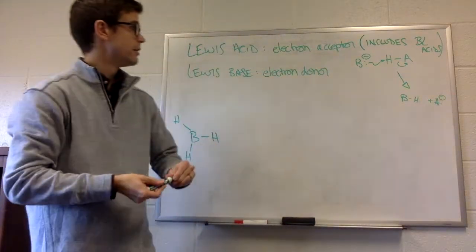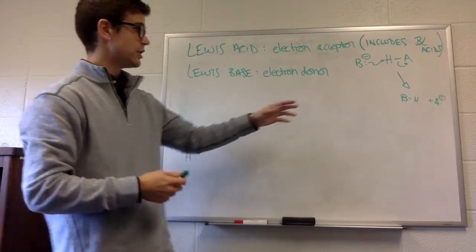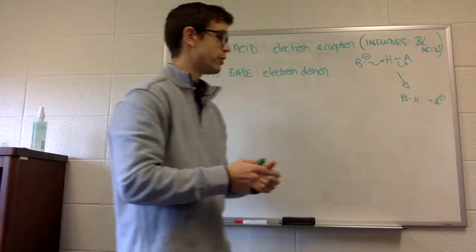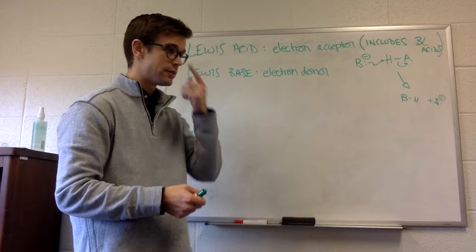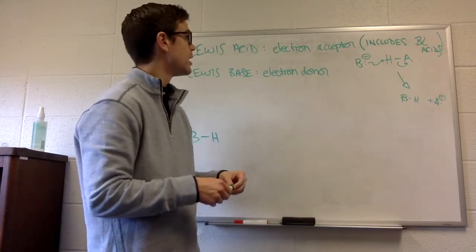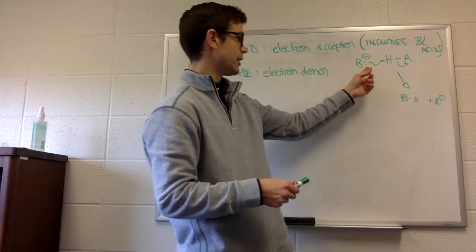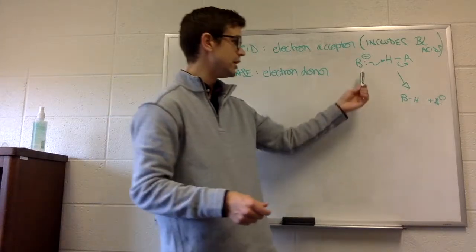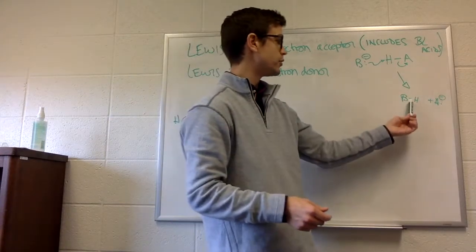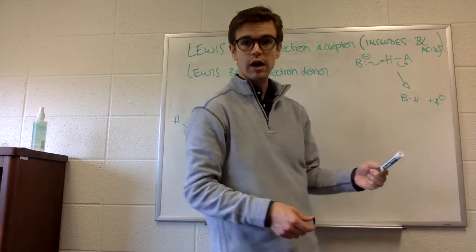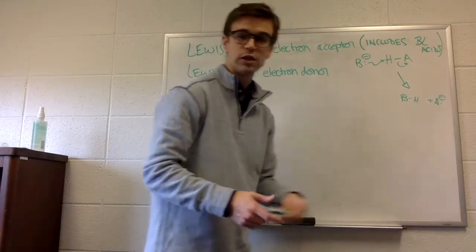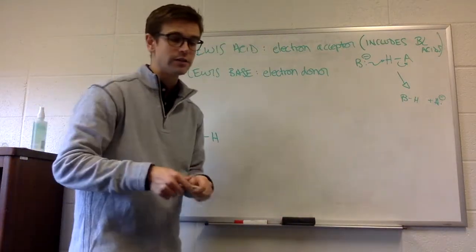In this equation, HA was both a proton donor, so that's the Bronsted-Lowry acid definition, and an electron acceptor. It accepted electrons from B, and those electrons made the new bond to H. So that's what's happening with the electrons.